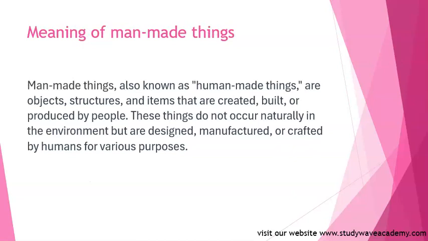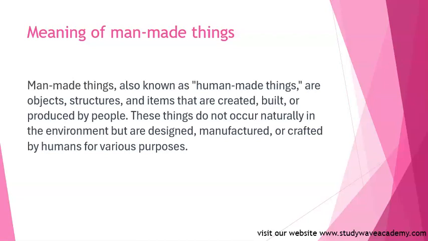Now let's look at the meaning of man-made things. Man-made things, also known as human-made things, are objects, structures, and items that are created, built, or produced by people. These things do not occur naturally in the environment but are designed, manufactured, or crafted by humans for various purposes.